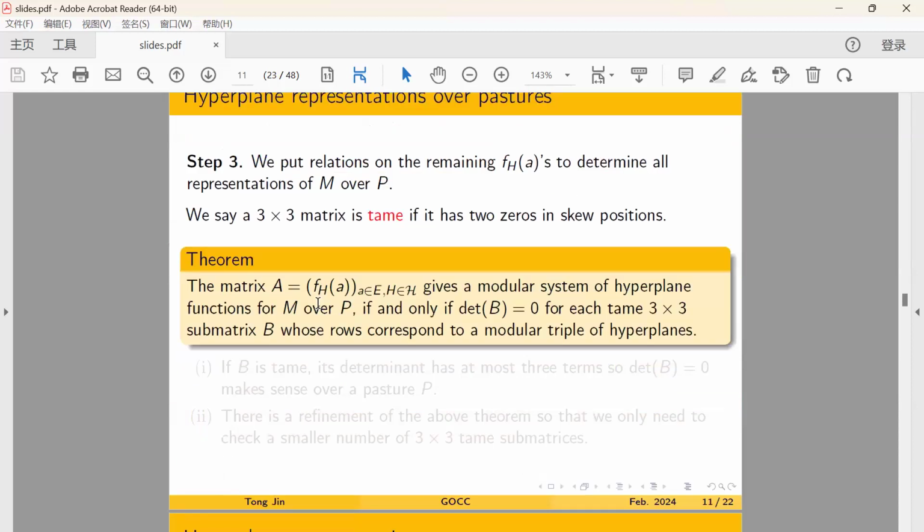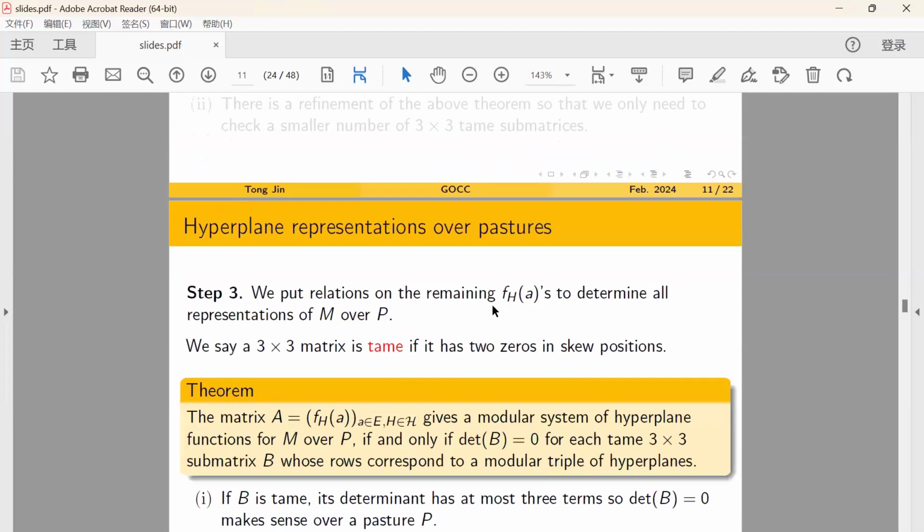Now the matrix A, after the first steps, we wish to complete this matrix, and the completion will give a modular system of hyperplane functions if and only if, looking at all of the TIM 3x3 submatrices whose rows correspond to a modular triple of hyperplanes, we must have that the determinant is equal to 0.